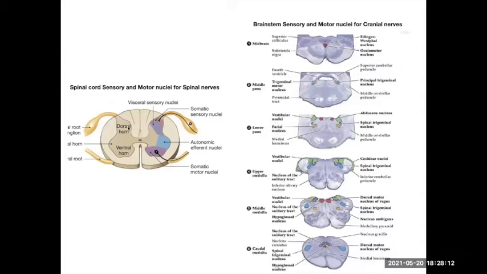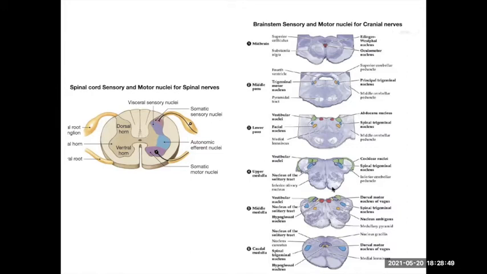In your spinal cord, you had the sensory nuclei taking care of the sensory information coming in. And then you had the motor nuclei, the ventral horn motor nuclei, and the lateral ones with the visceral, a very simple kind of organization, surrounded by white matter. Your brainstem is going to have something similar as far as the cranial nerve nuclei. You don't have to know any of this, by the way, but instead of ventral horn motor nuclei and sensory nuclei, they'd be spread out over here.